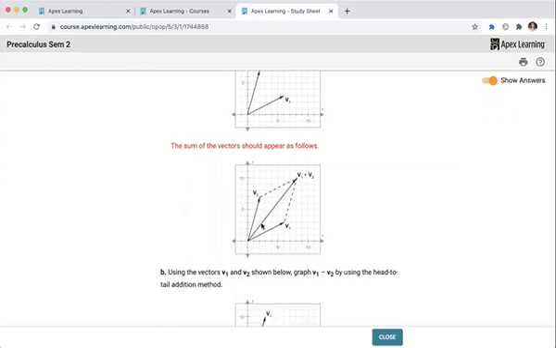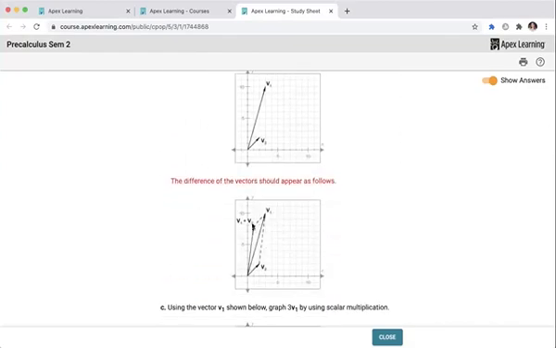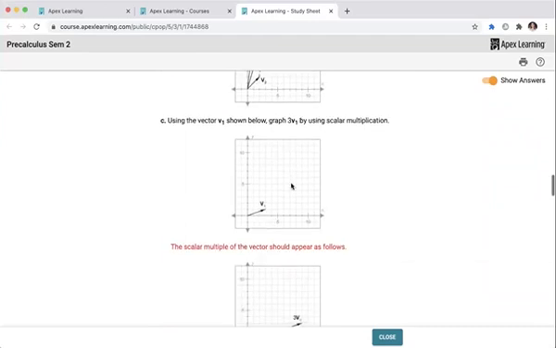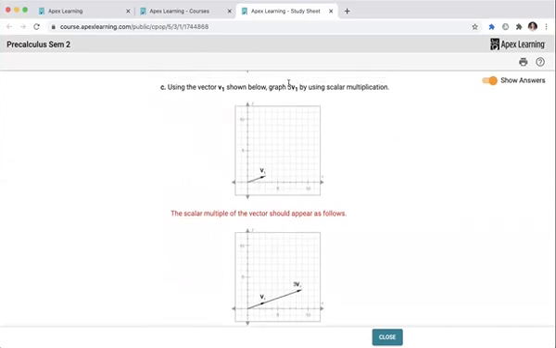That's how you do the head to tail method. Same thing with the smaller ones here: knowing how many over, how many up. That's all it's asking you to do. Scalar multiplication is just asking you to multiply by whatever the constant out in front is, and it can be less than 1, it can even be a negative value.